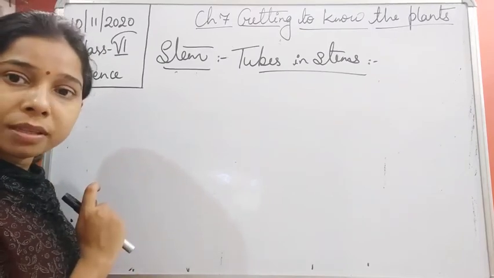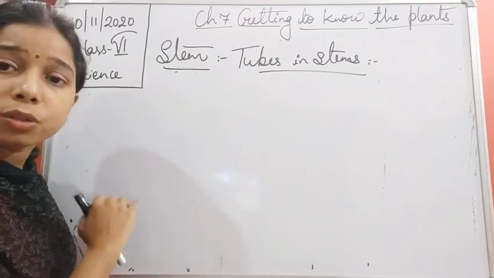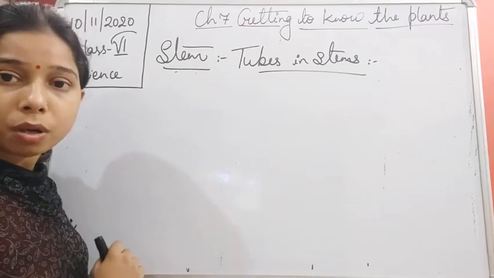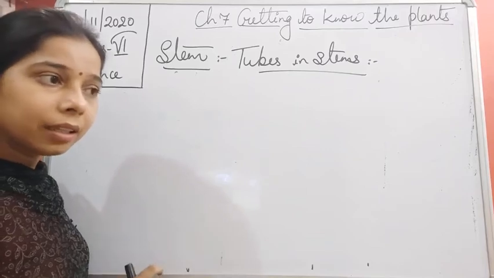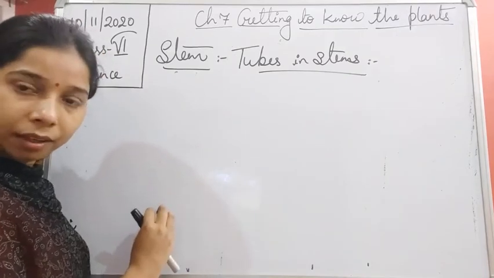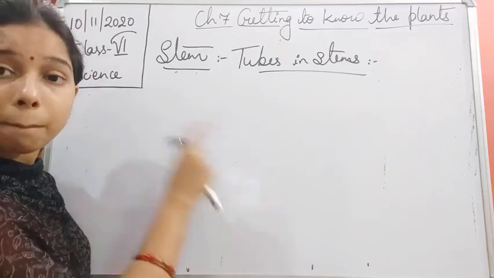Before we go further and try to understand the tubes, let me ask you one thing: what do you understand by a tube? What is the role of a tube? Basically, a tube is something which is used to carry things from one place to another. It is like a pipe.